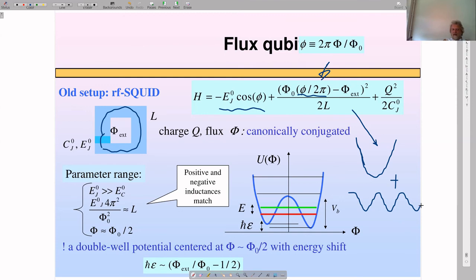And if we change the external flux through the circuit, we can shift the parabola and the oscillating function with respect to each other. So let us arrange it in the following way. Let us arrange that the maximum of the Josephson energy comes against the minimum of the parabolic potential.